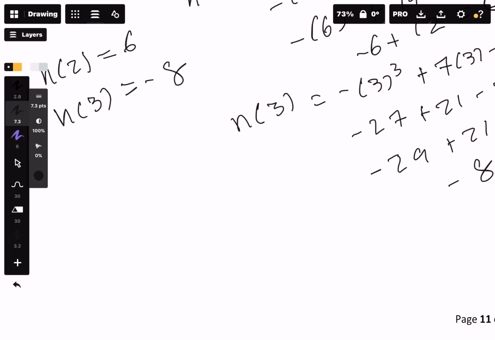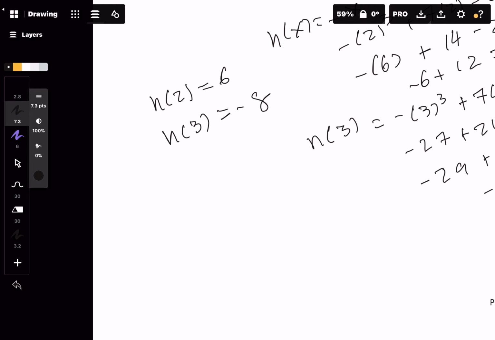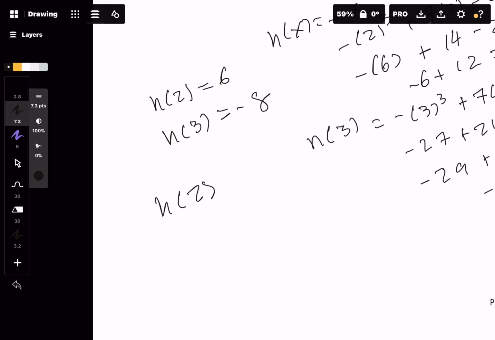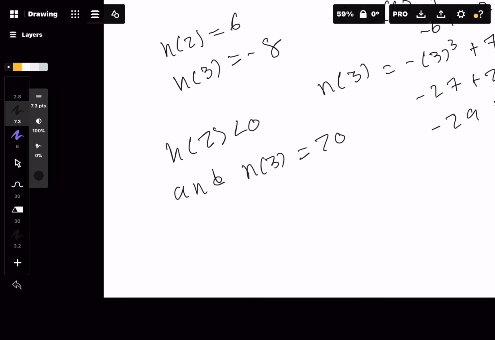And since h of 2 is greater than 0 and h of 3 is less than 0, there must be a value.